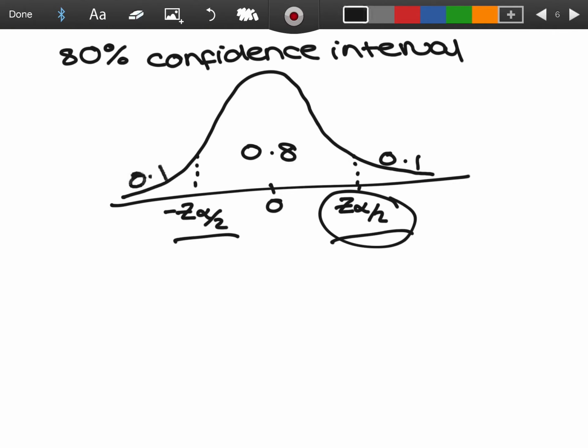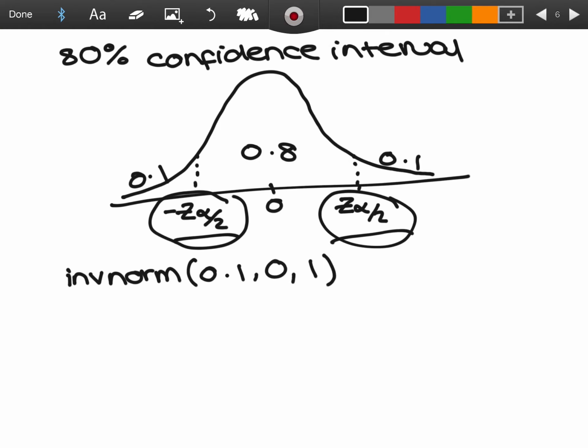So if I now want to find that z value, I always tend to find the negative of it just to make it easier. I know that to find that, I have to use inverse norm in my calculator. My area under the curve to the left of that value, remember to always plug in the area to the left, is 0.1. My mean is 0, standard deviation of 1, because I'm looking for a z-score.